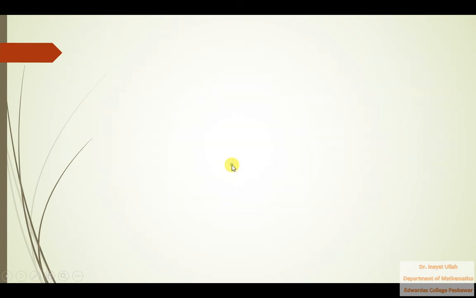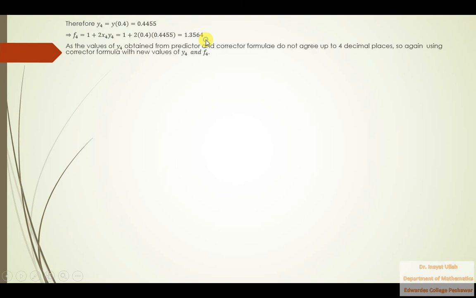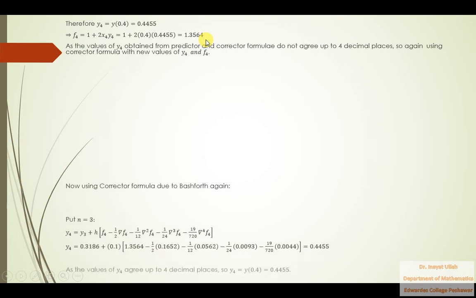So just look at that. y4 is 0.4455. Calculate f4, the new value of f4 is 1.3564, and that value of f4 will be used in this table.